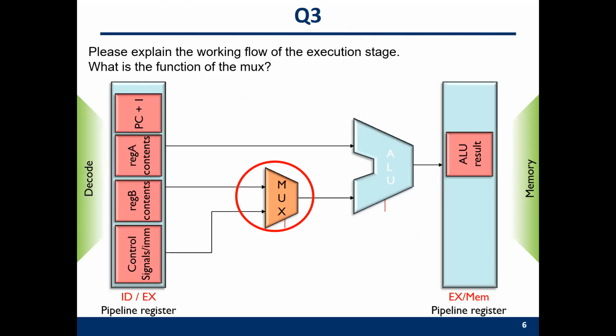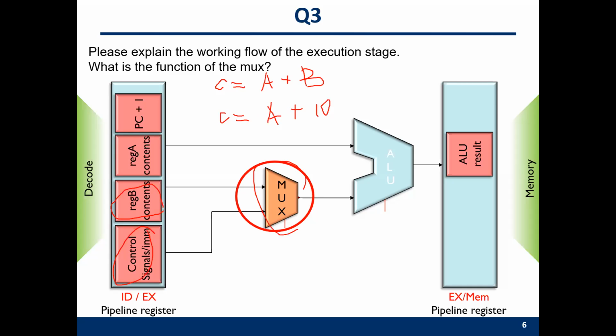The function of this mask is to select between the register B and the immediate data. For example, we have two types of operation. One is A plus B. The second type is A plus 10.